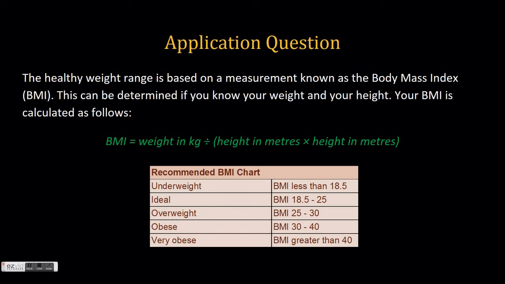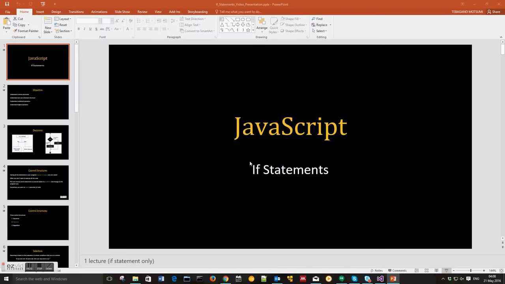If the BMI is between 30 and 40, then obese. And if the BMI is greater than 40, then very obese. This is just a question that will allow us to see how if statements are used in real world examples.